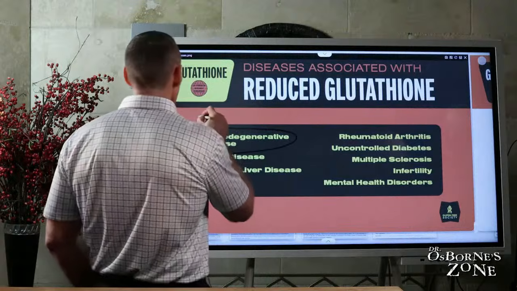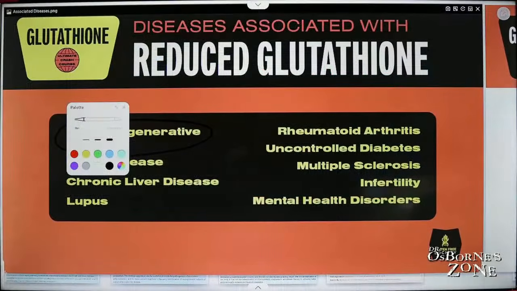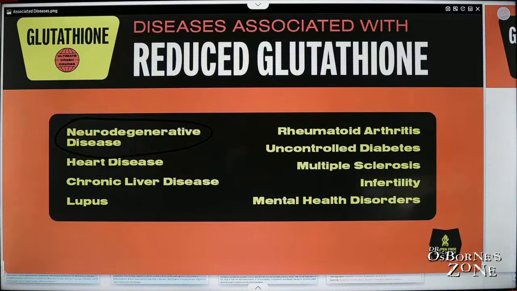neurodegenerative disease, and specifically in neurodegenerative disease, multiple sclerosis is a type of immune, but also a type of neurodegenerative disease, dementia, as well as Parkinson's. So these have all been linked to glutathione being low.